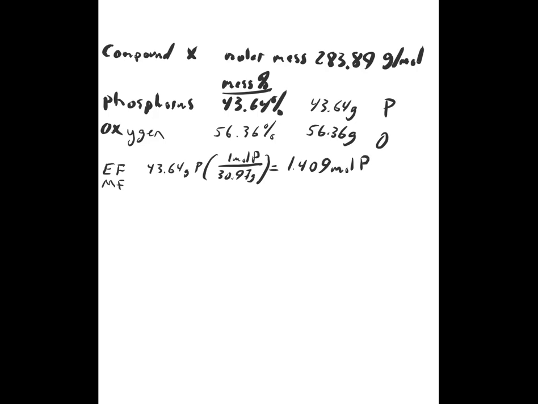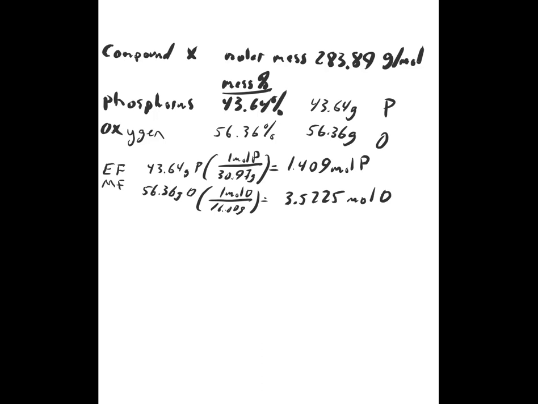Do the same thing for oxygen. 56.36 grams of oxygen. 1 mole of oxygen is 16.00 grams. So 56.36 divided by 16 is 3.5225 moles of oxygen. I went out another extra sig fig because it ended at 5, so I went ahead and wrote it down.